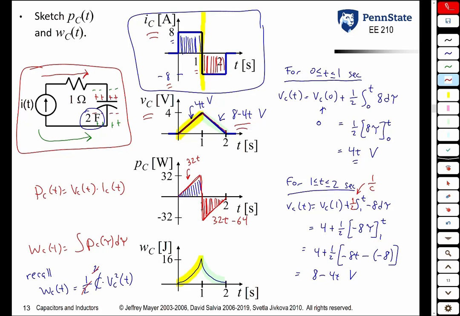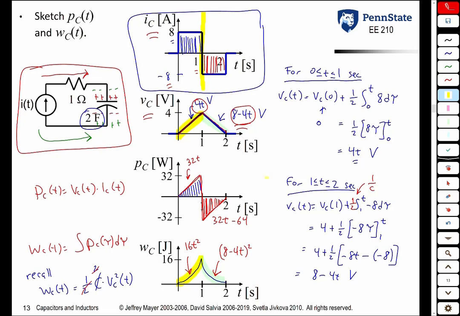And so the energy stored in the capacitor is just the voltage squared. 4t squared is 16t squared. 8 minus 4t squared is that segment there. And that is the equation now for the power.